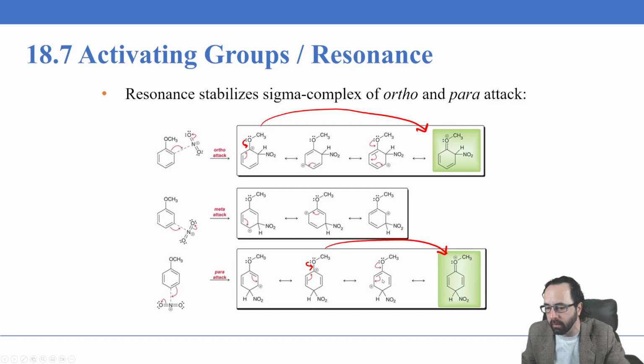We also have another resonance structure where we have an allylic carbocation right here. And so the meta attack does not involve the formation of this additionally stabilized intermediate, and for that reason, the methoxy group is also an ortho-para director. A little bit different than the methyl group, but pretty analogous.